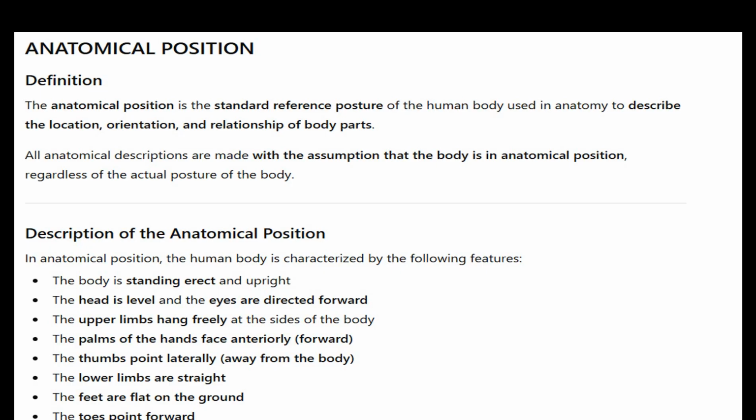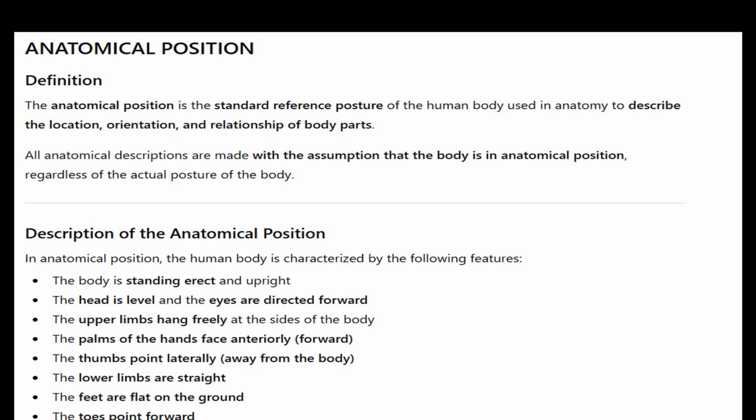Firstly, we will be talking about the anatomical position definition, because before any topic we should know the definition at least, right? Here you can see I have prepared very simple notes for you. So let's see what the definition is. The anatomical position is the standard reference posture of the human body used in anatomy to describe the location, orientation and relationship of the body parts.